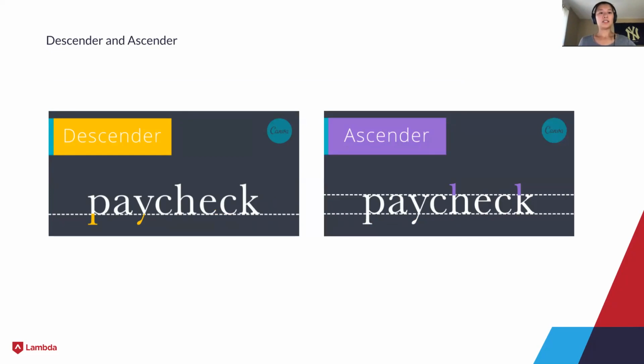So that is going to be our descender. And then we have our ascenders on the right-hand side. That is going to be a part of a lowercase letter that rises above the main body of the letter, or above the X height. What questions do we have about descenders and ascenders?